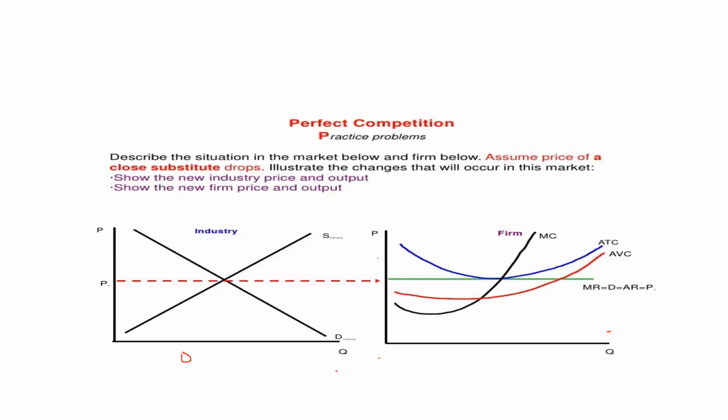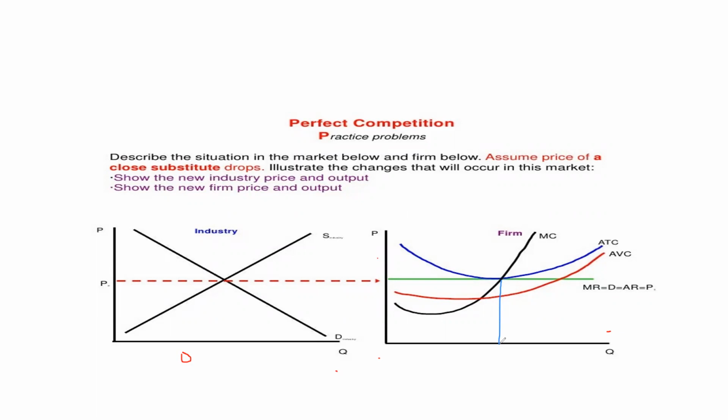But in the long run, notice MC is through ATC, so it's productively efficient, and MC equals MR, so it's allocatively efficient, okay? And so it is the only market that's productively and allocatively efficient. Now, because MC equals MR, and that's where you produce at, there'll not be deadweight loss in perfect competition.